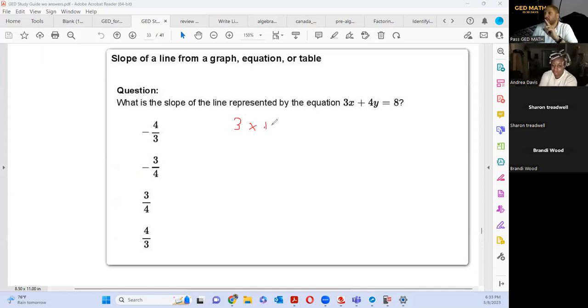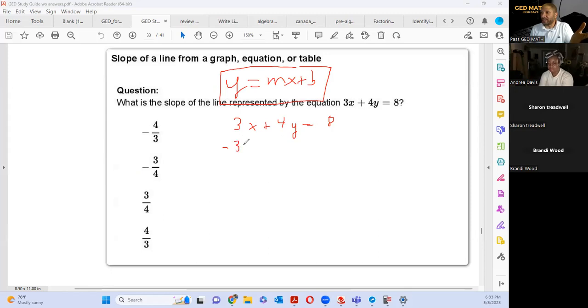3x plus 4y equals 8. They want you to find y in y equals mx plus b. So I need to get y all by itself. First I get rid of the 3x by subtracting 3x. 3x is canceled.